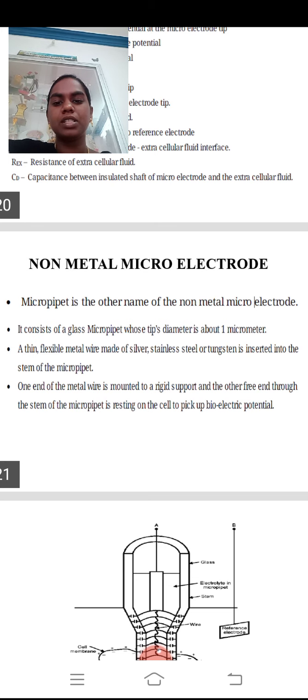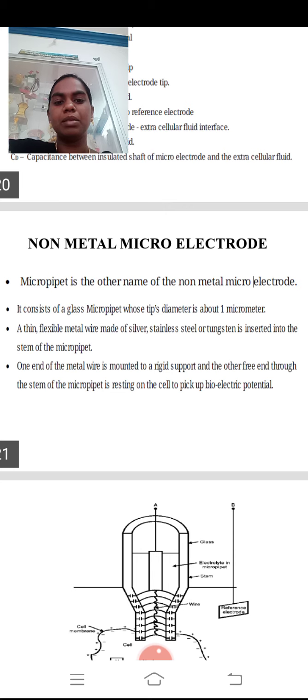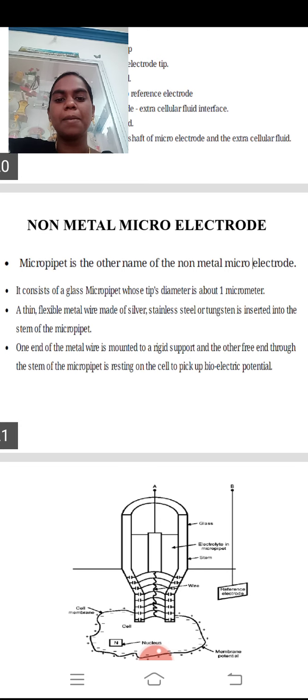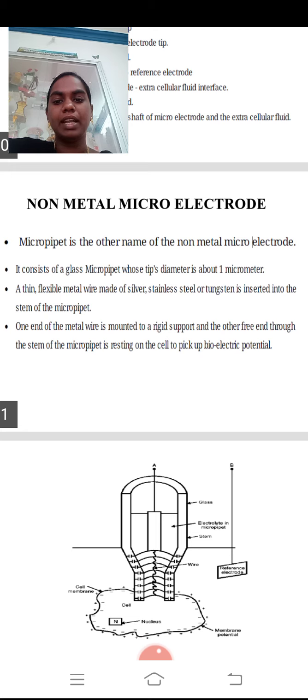It consists of a glass micropipette whose tip diameter is about 1 micrometer. In the previous one the diameter is 0.5 to 5 micron, but here it is about 1 micrometer. A thin flexible metal wire made of silver, stainless steel or tungsten is inserted into the stem of the micropipette.